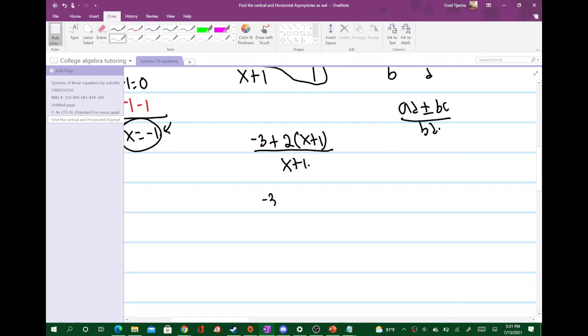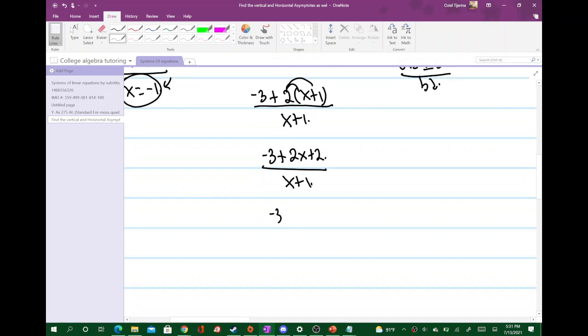And so then we have -3 plus, we distribute, 2x plus 2 over x plus 1. So then we have -3 plus 2 plus 2x over x plus 1. This gives us 2x minus 1 over x plus 1.